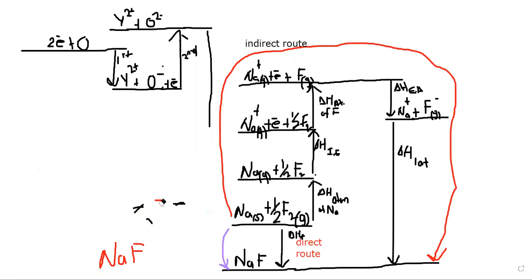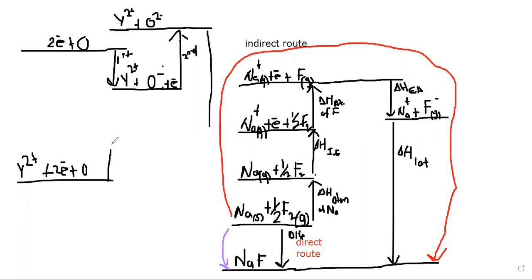Otherwise, from doing that, you could do this. So let's say I have Y2 plus, the 2 electrons, plus O. Draw the line going up.